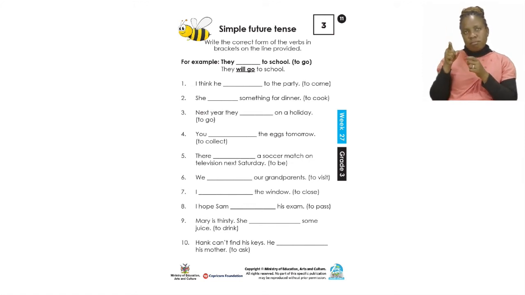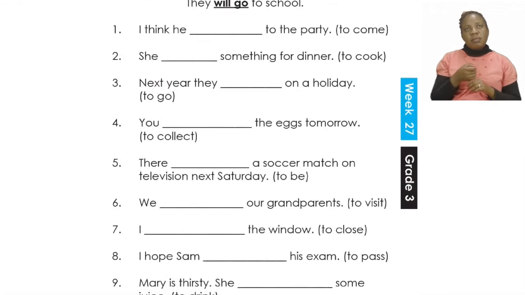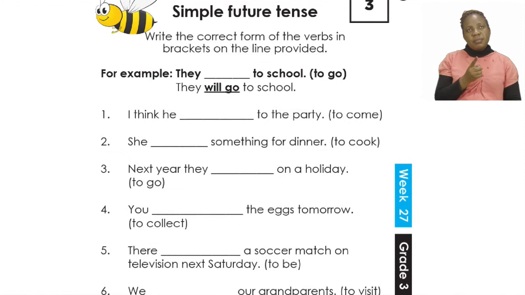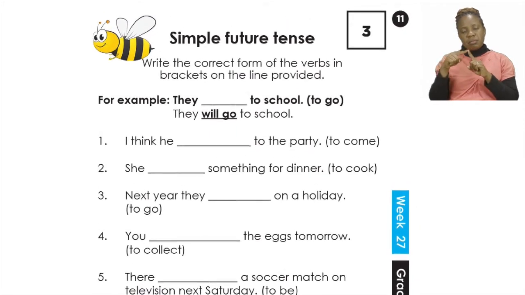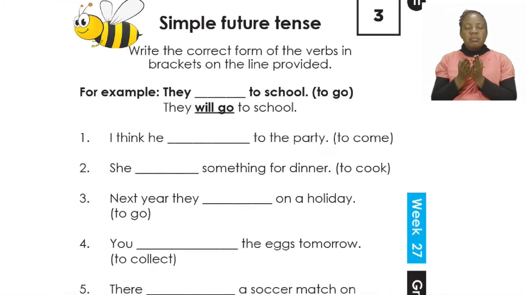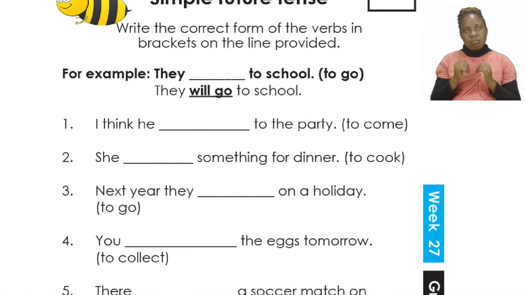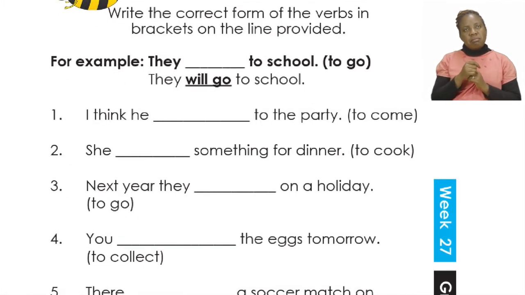An example given, it says they, and then a space, to school, and then at the end of the sentence you have the verb that you have to turn into the simple future tense. So what is it that you have to turn into the simple future tense? It is to go.